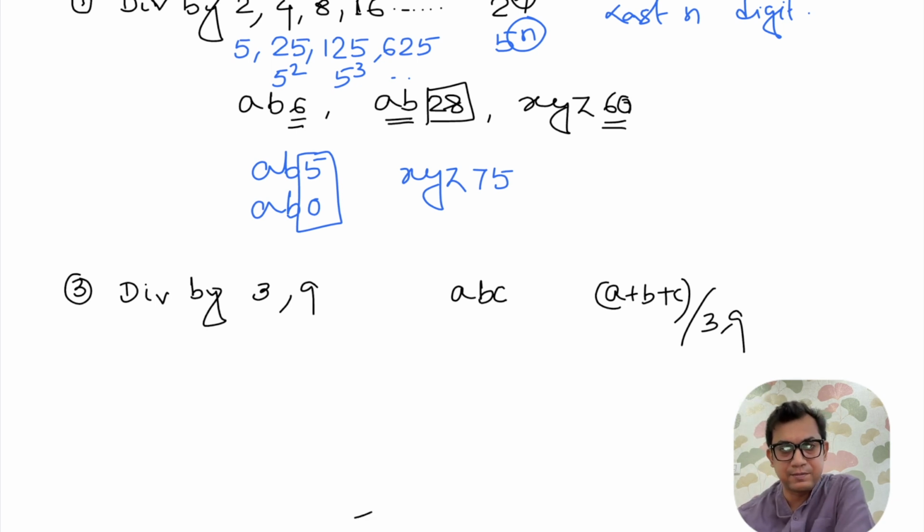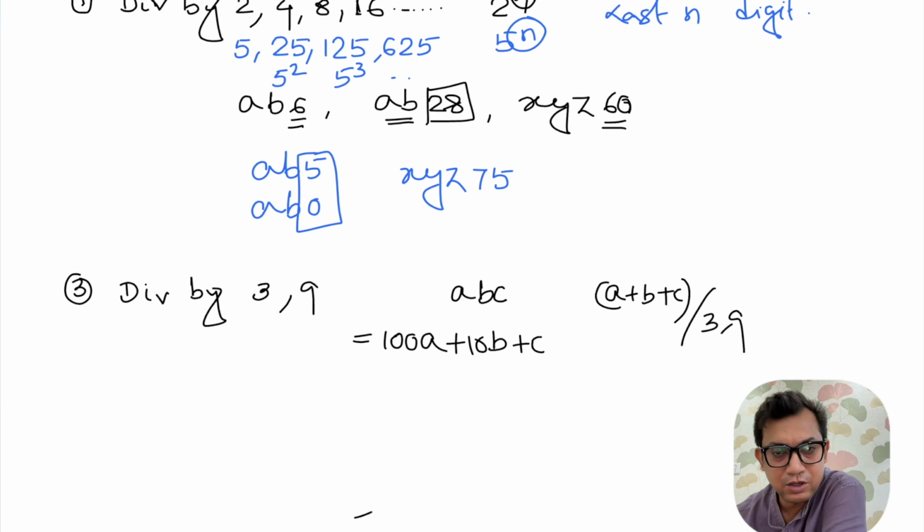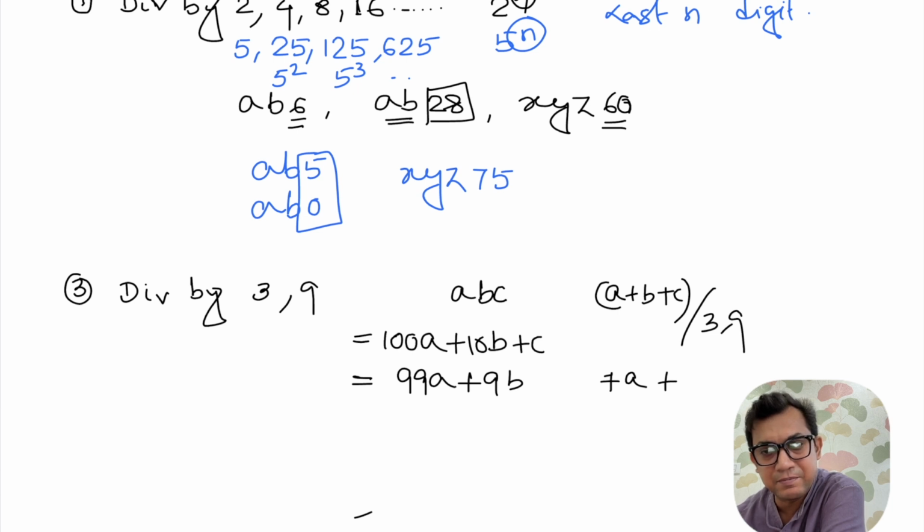To understand why we have this kind of rule, what do you do? We can break this number ABC as 100 times A, I hope you know that, plus 10 times B plus C. This can be written as 99A plus A, that is 100A, and 10B I am writing as 9B plus B, and I already had C. Now whatever we have inside is 99A and 9B.